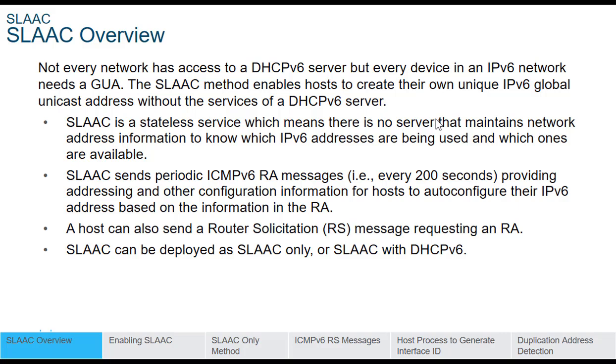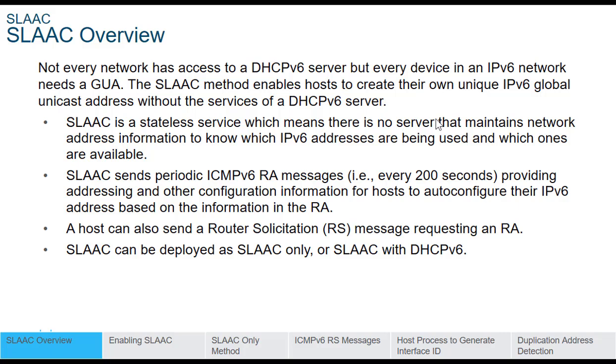So with SLAAC, the term stateless is used in the sense that there is no way for you to manage and maintain how PCs or host devices use address information and how they have been assigned. SLAAC uses ICMPv6 RA messages to provide addressing and other configuration information that would normally be provided by a DHCP server.